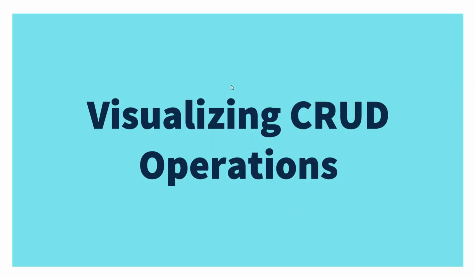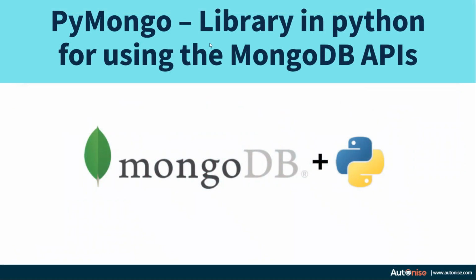Now that we have a basic understanding of how MongoDB stores its data, let's have a look at the CRUD operations. Let's first understand what CRUD operations mean and visualize them in Compass. For using MongoDB, MongoDB is an application. We have already installed it by downloading it from the website.